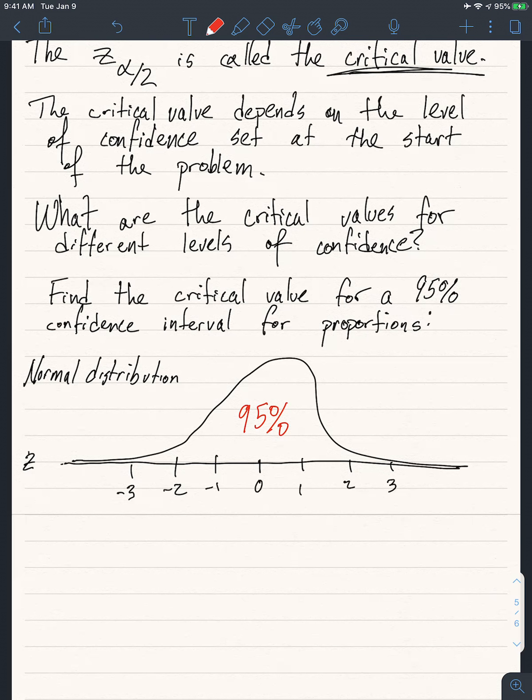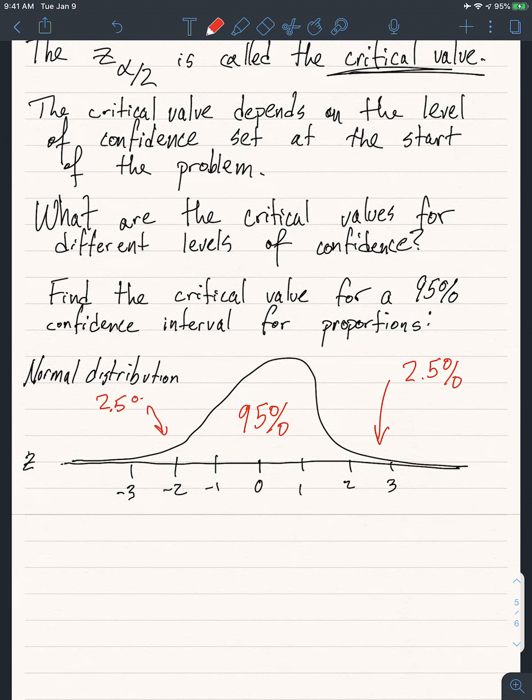And we need to know what z-score on both sides will leave a chunk of 95% between them. And so that's going to leave 5% on both sides, which is going to leave 2.5% of the picture on each side.